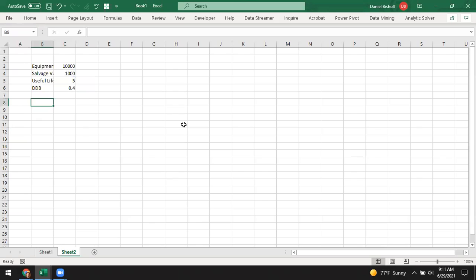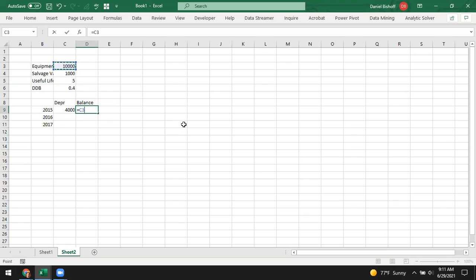Purchased in 2015, so we will start in 2015. The question only goes to 2017, so that's as far as I'm going to go. Depreciation. Okay, the depreciation is 10,000 times the double declining rate. We don't worry about the salvage value until the end for double declining balance.